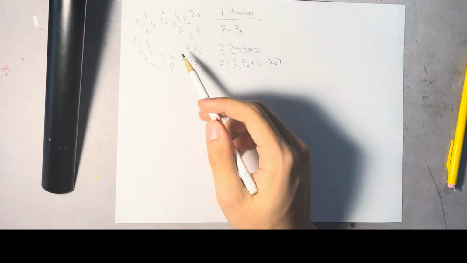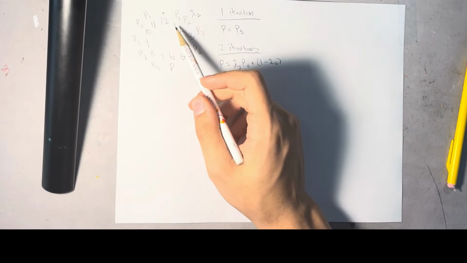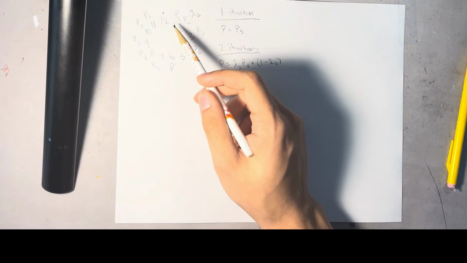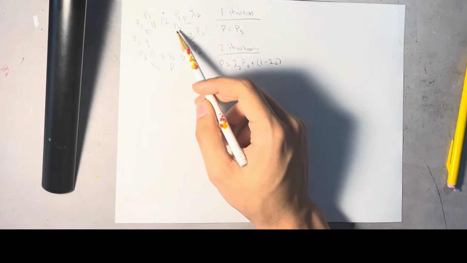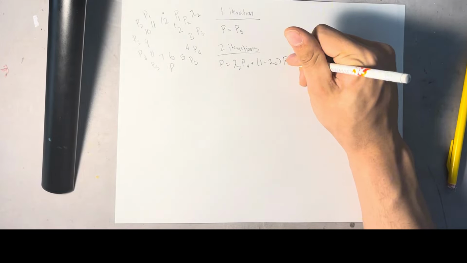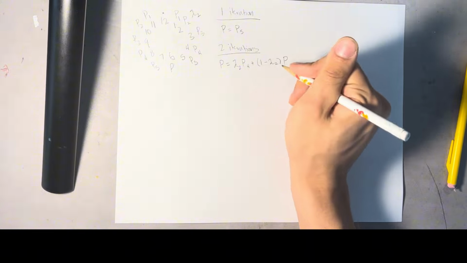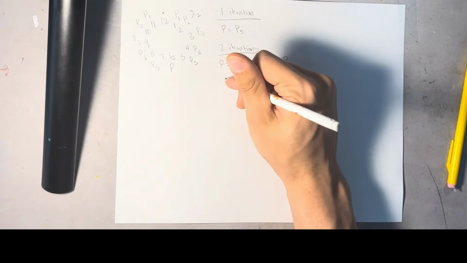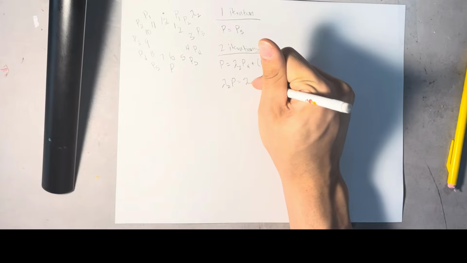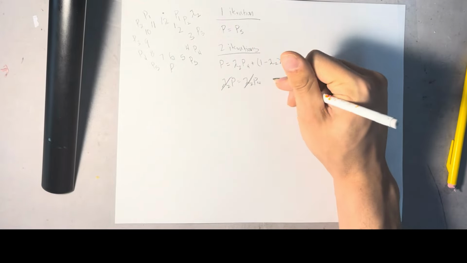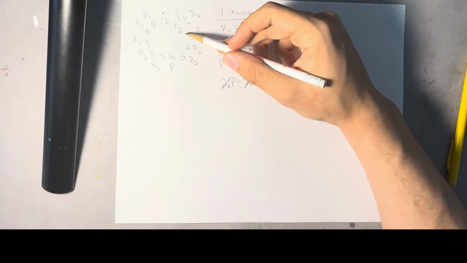But because we already found that p equals p5, we know that the probability that it reaches 6 from any other point closer to 12 than 10 or 2 is still p, because p equals p5. So we can just simply solve for p4, and we get lambda 2 p equals lambda 2 p4, so we get p equals p4. And then we can do something similar for 3 or 9.